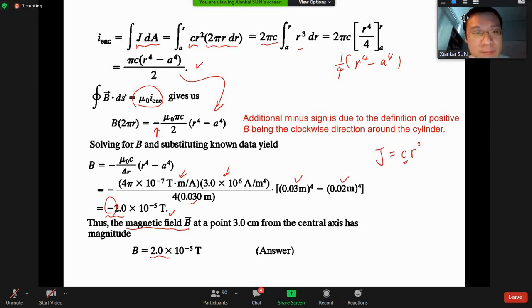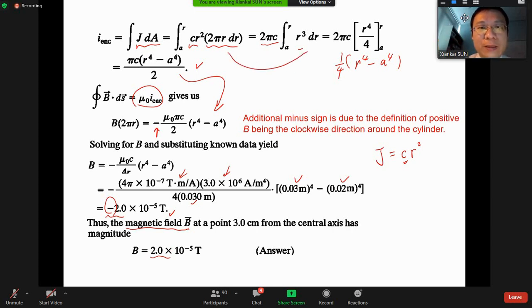Okay, any questions? So for this problem, let me say a few words. Probably the complicated part would be at this step.